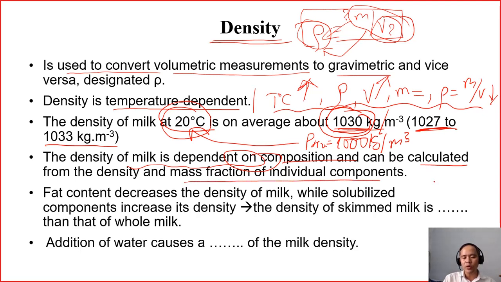For example, we already know that milk contains 4% of fat. We know the density of fat. 4.6% of lactose, we know the density of lactose, and 3.3% of protein, we know the density of protein. So we can actually calculate based on the percentages and the density of each component like that.